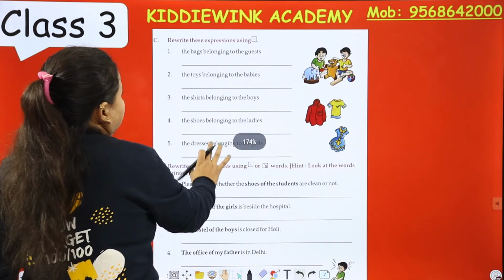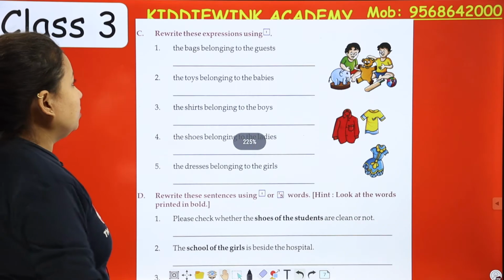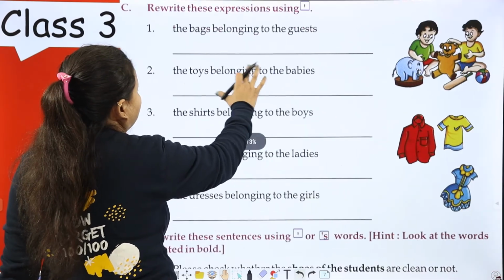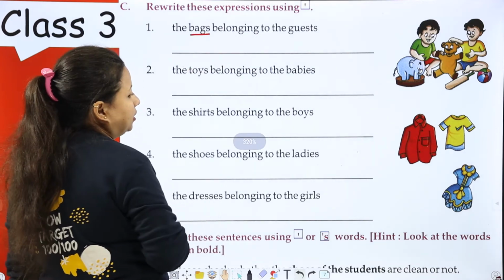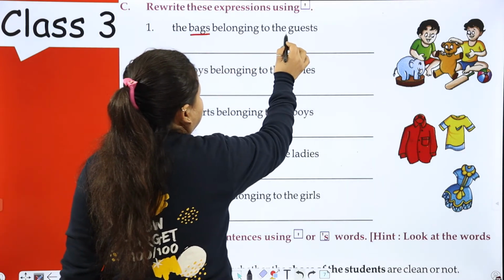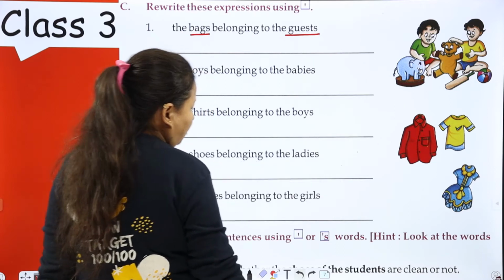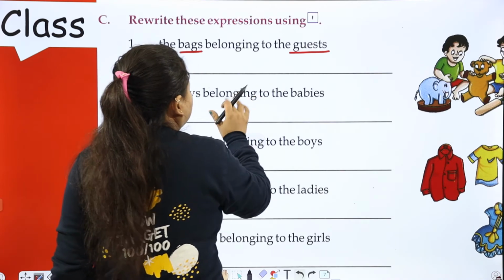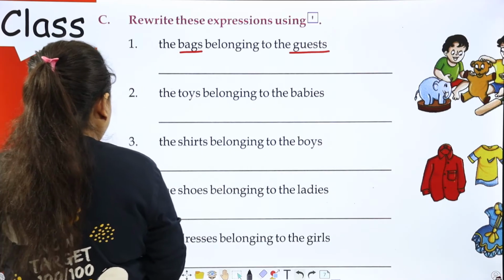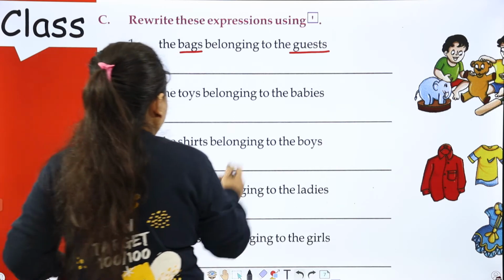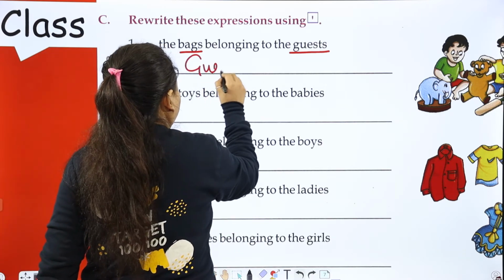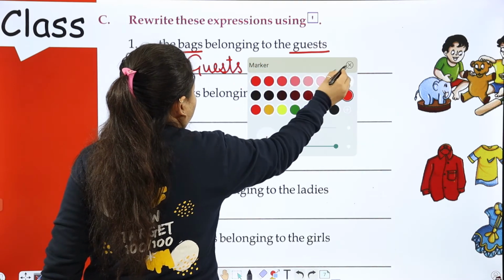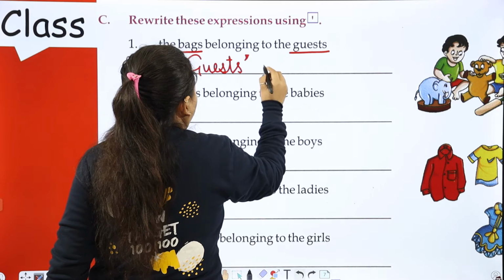So rewrite these expressions using only an apostrophe, not S. The bags belonging to the guests. Guests are plural, so the guests' bags.